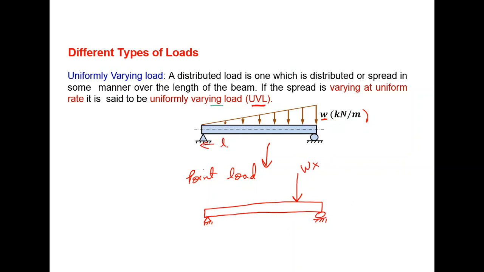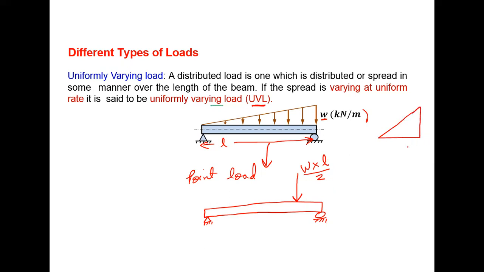Let's say this span length is L. Okay, so w into L divided by 2. That means this magnitude we have calculated with the help of area of triangle.